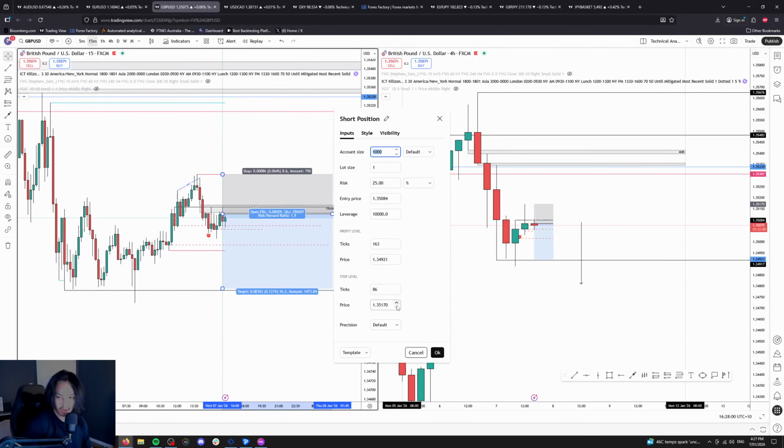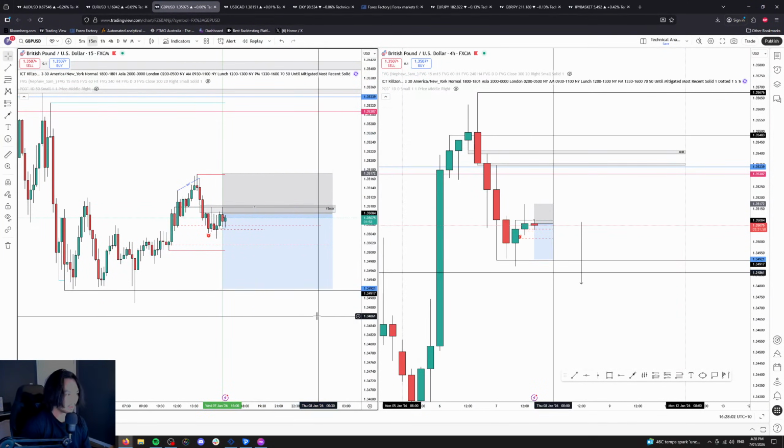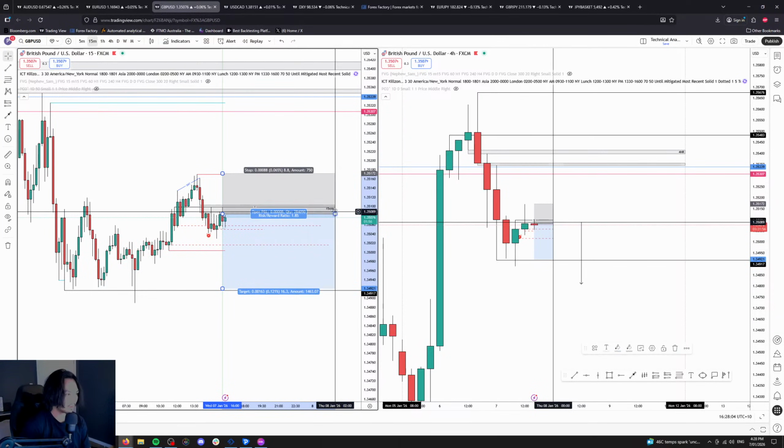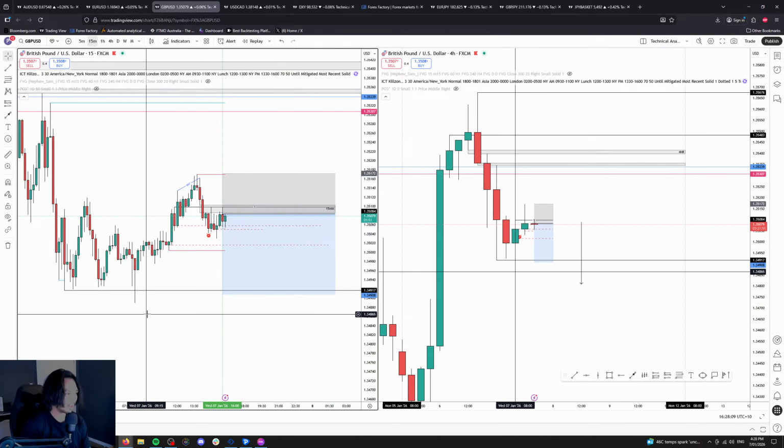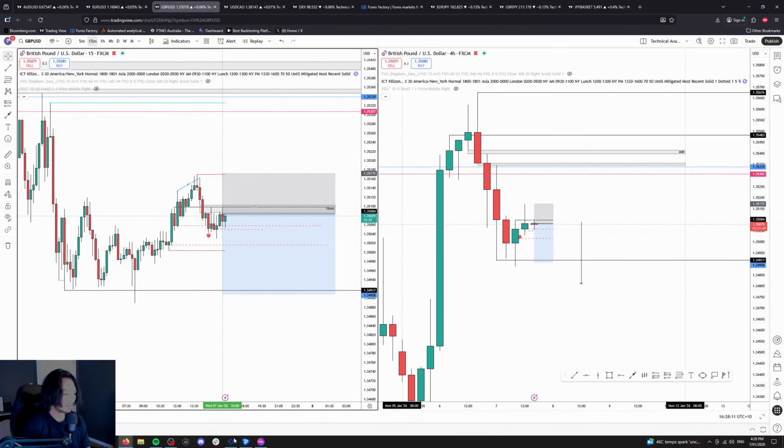Stop loss is at 172. So we'll aim for 1 to 2 since that's where the previous daily low is.